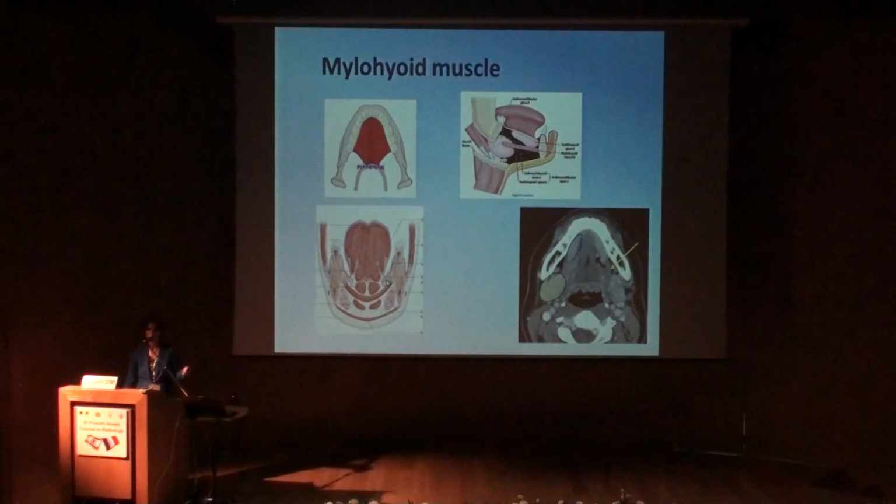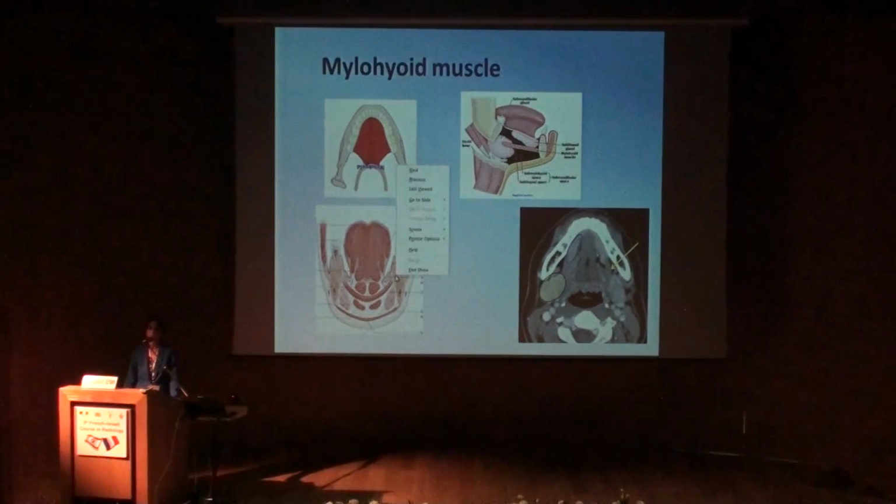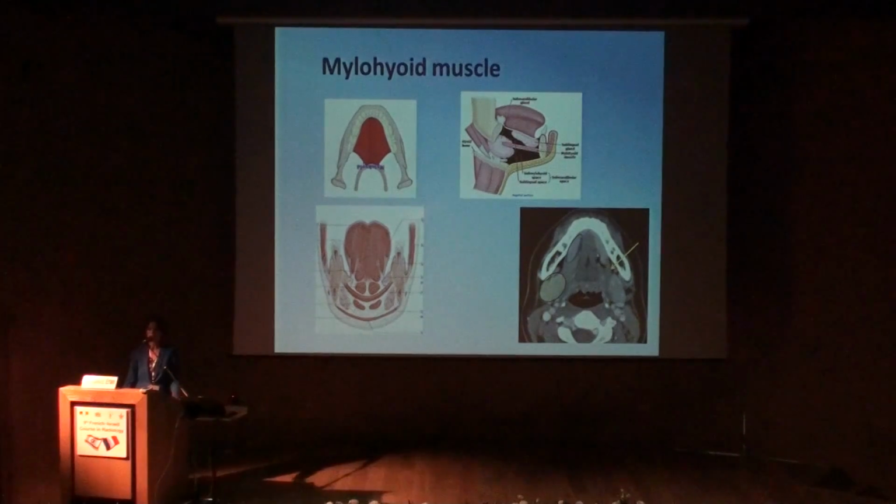And if the root is superior to the mylohyoid line, which is true for all the teeth except the last two molars, the infection will go towards the sublingual region, which is superior to the mylohyoid.